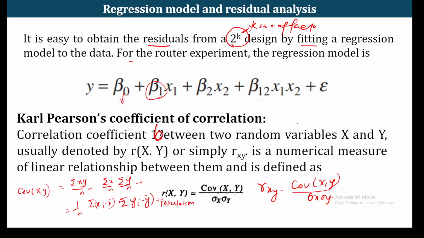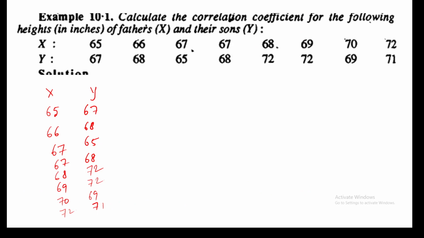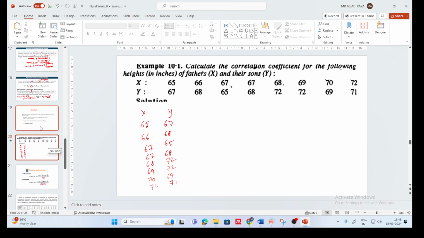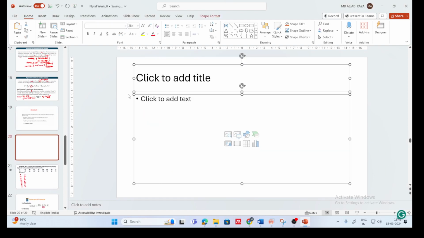One more thing I will say, you can use the formula directly. I will write the formula for r of xy directly: covariance of xy, sigma xy.